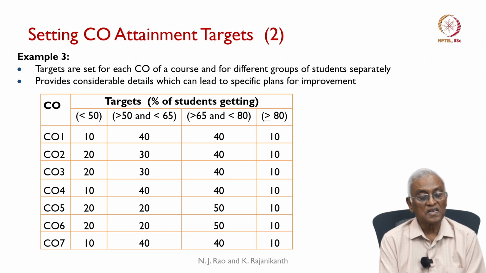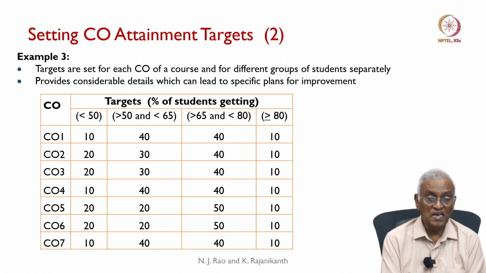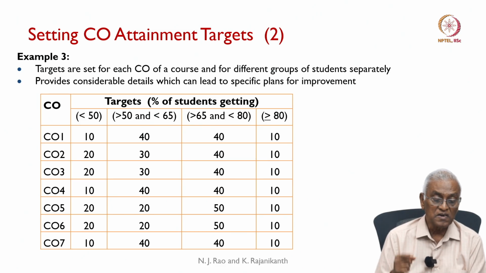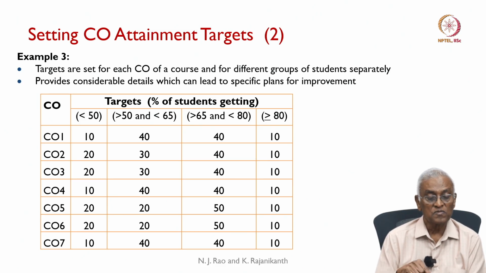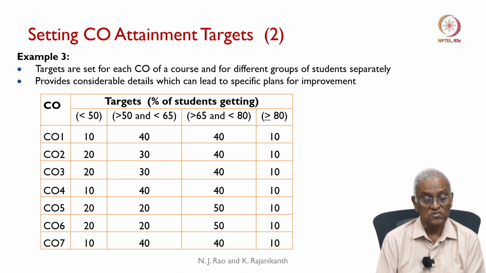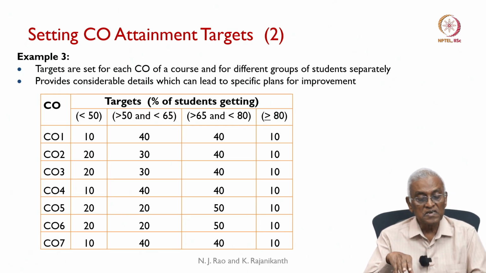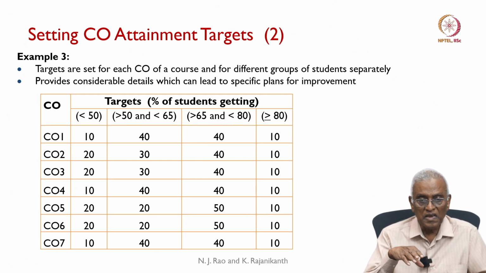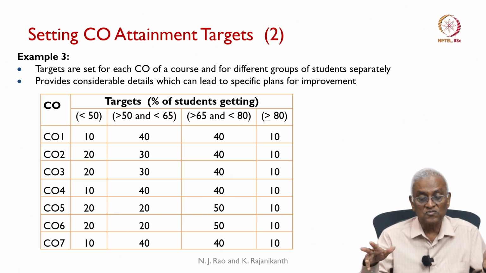For CO1, I consider that the number of students who get less than 50 marks related to that CO1 should be less than 10% of the students. That is how we interpret them. And these percentages, based on my perception or my experience, I will set these targets. But it is a fairly complex one.